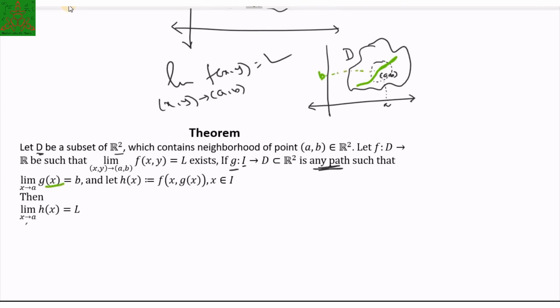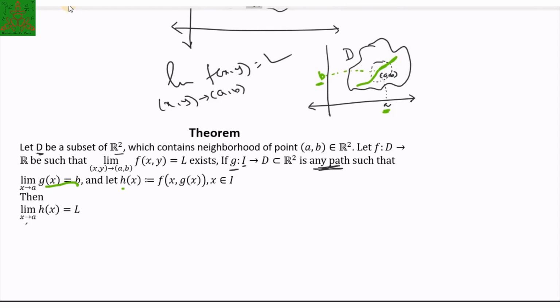So that we have taken in this case. Here I have plotted this green line. You can take any path passing through the point (a,b). The condition is that the limit of that function at A should be B. That is the condition you have.